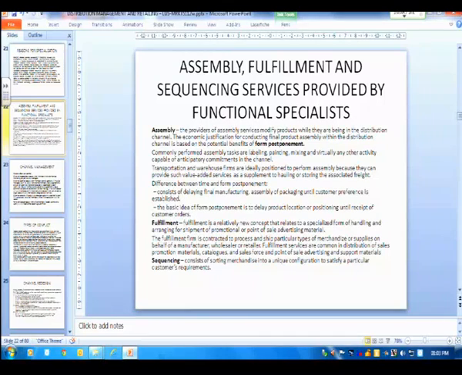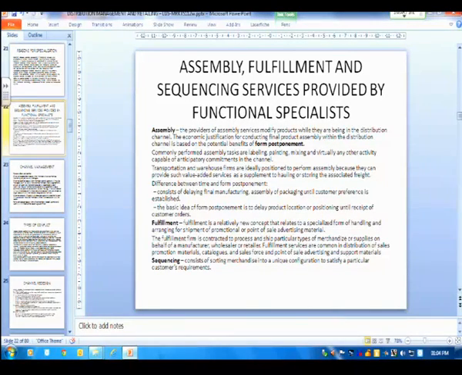The difference between time and form postponement consists of delaying final manufacturing, assembling, or packaging until customer preference is established. The basic idea of form postponement is to delay product location or positioning until receipt of customer orders.